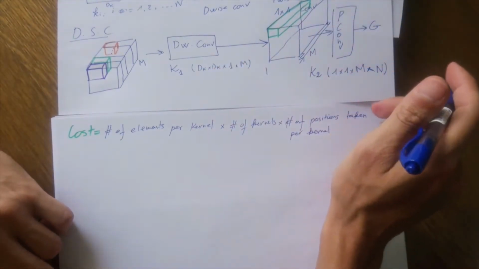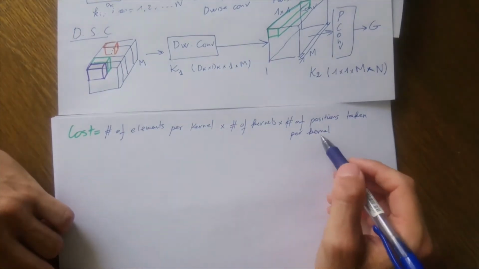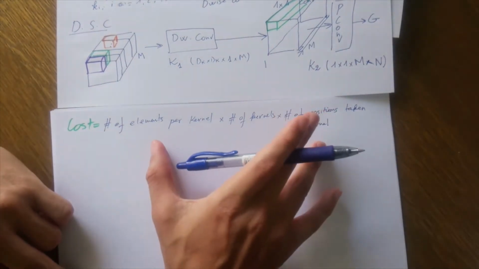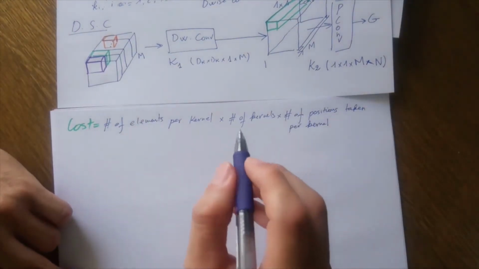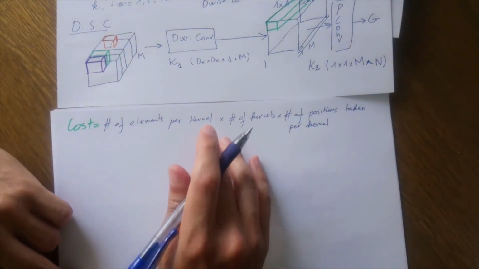So we are interested in the total number of positions taken per kernel. This is the general formula of the computational cost, or rather the number of multiplications. I have talked about this in the previous video.